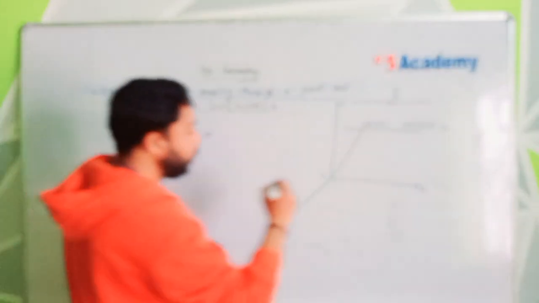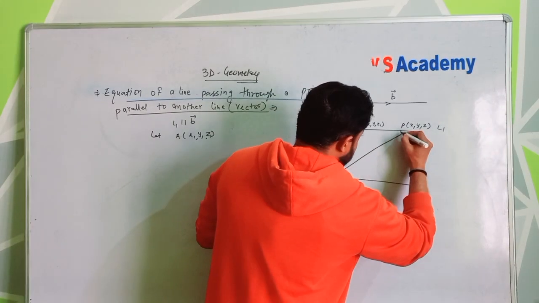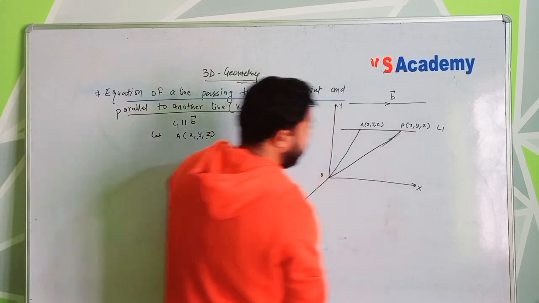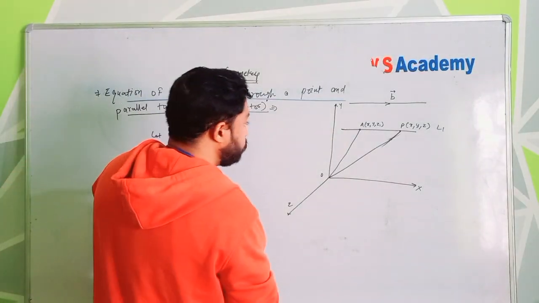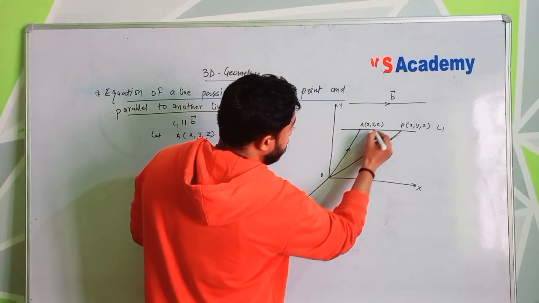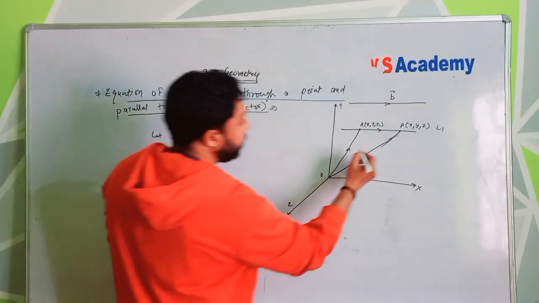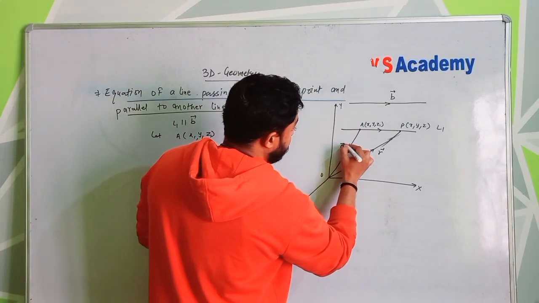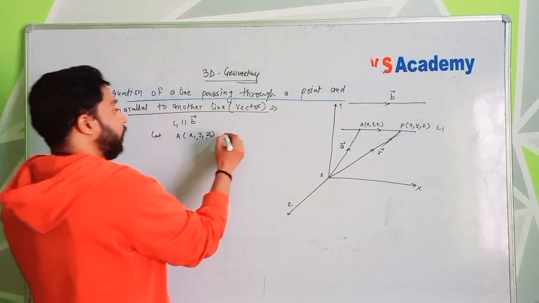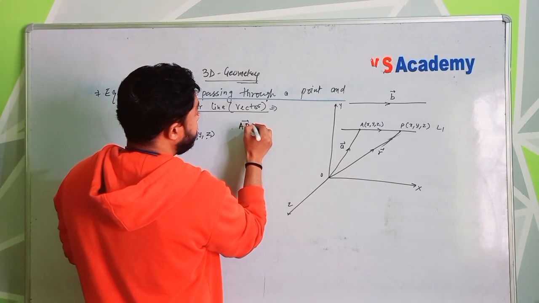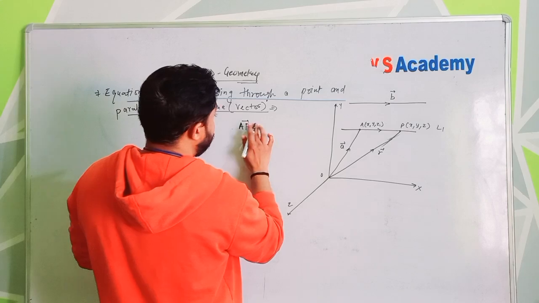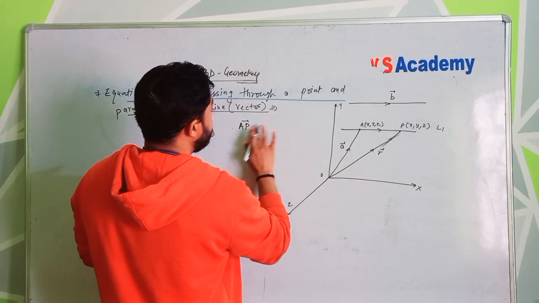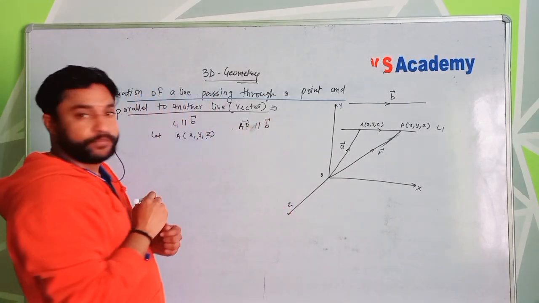I can join OP. In this, OP is vector R, OA is vector A, and vector AP is parallel to the line, vector B.